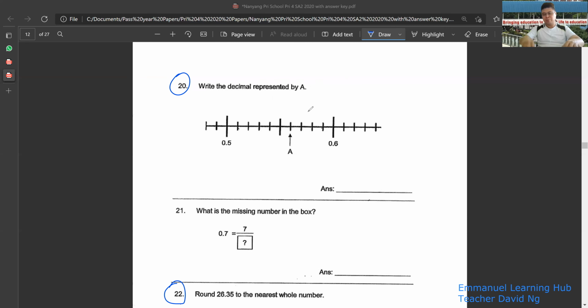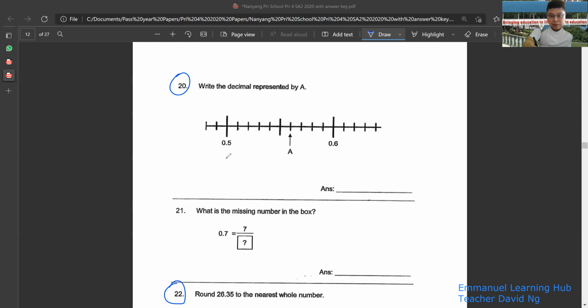I explained to you before in some of our earlier papers, similar questions. I told you to look at the number of what? Number of gaps, remember? Does it sound familiar, the number of gaps?